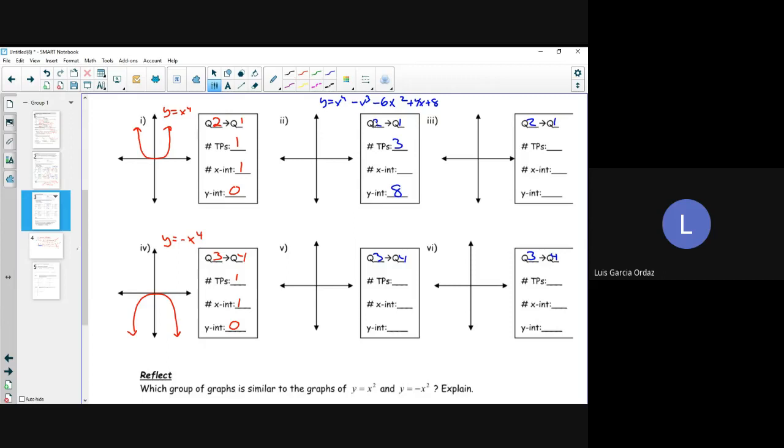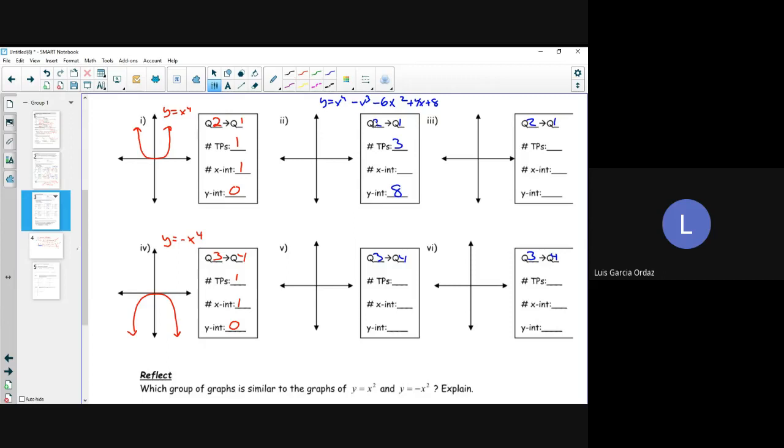Oh, that's a good question. Will we have to graph it first to know how many turning points there are, or is there a set rule? We can graph it first. Actually, when I give you these questions, I'm going to have the graph already for you. This one, I just have to put it on decimals to show you how many turning points there are.